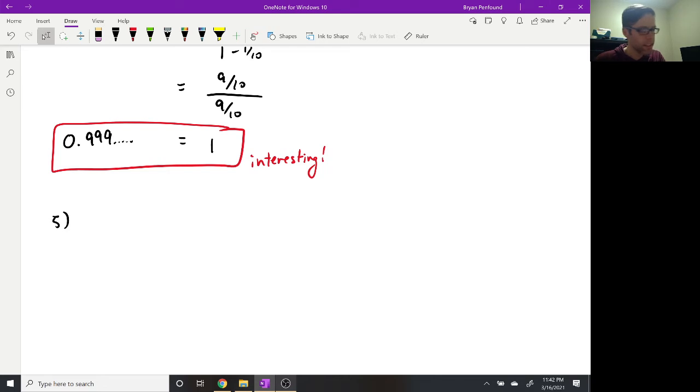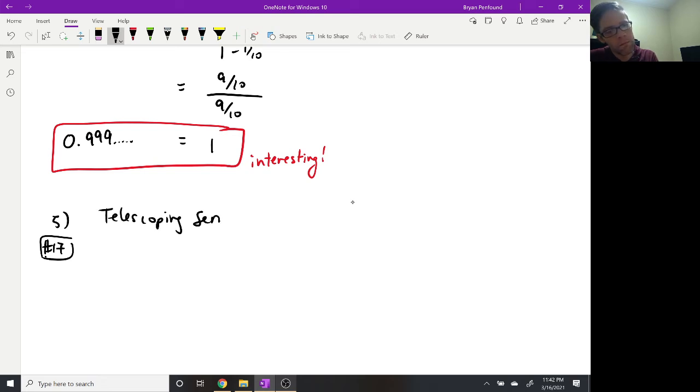Okay, number 5 here is question 17 from the textbook. I picked this one because it talks about telescoping series. And if you see this terminology, it kind of gives you a hint on how to find the sum of the series.